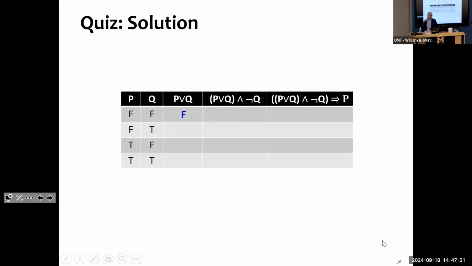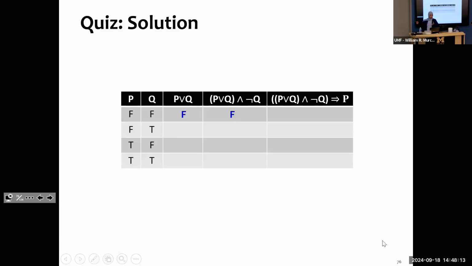P or Q, which is already false, if I add that to not Q, so not Q in this case is not false, means true, and true and that previous false is going to give false. And then I have all this, which is now false.